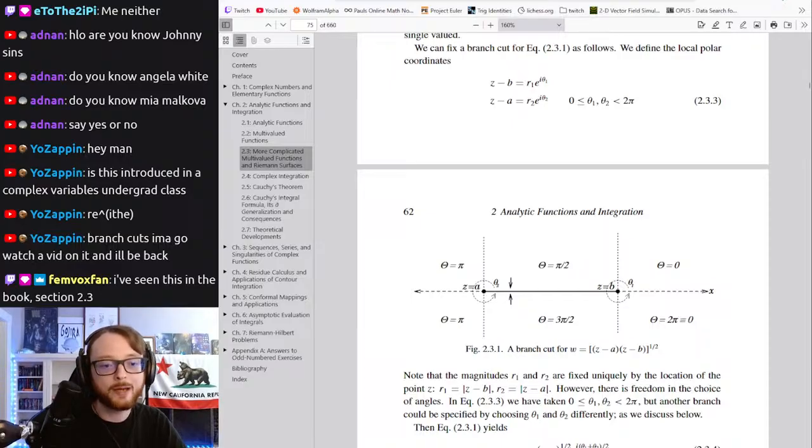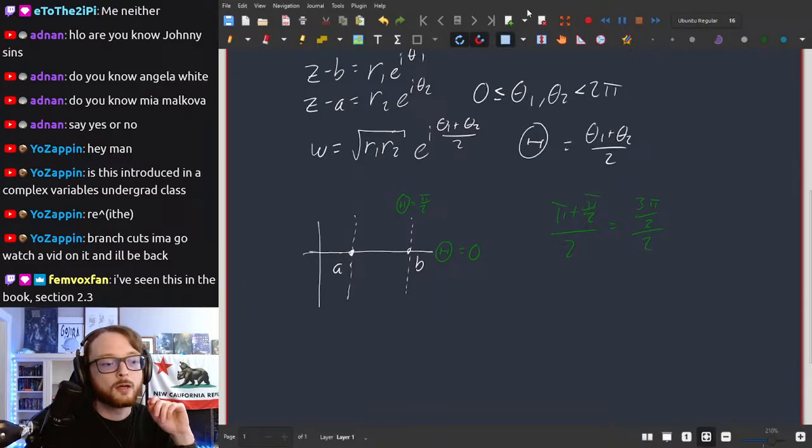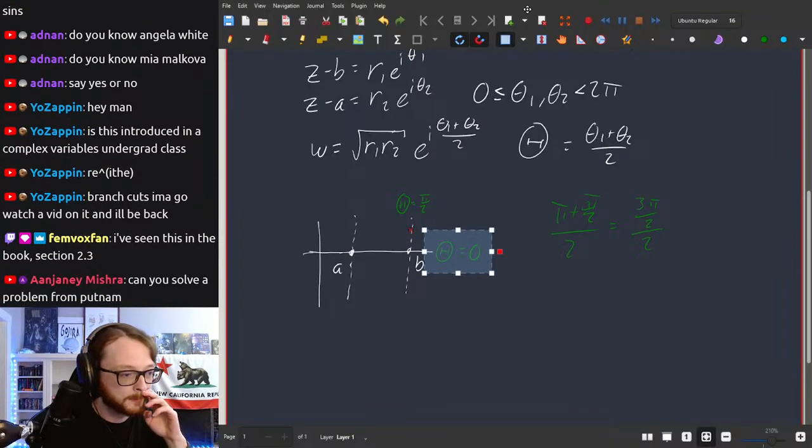At best it's pi over 2, but that's only if A is really close to B, to be honest. Oops, I'm sorry, I didn't show my journal. What I just did is I shifted the big theta equals 0 from just floating in the middle here to be right on that line.